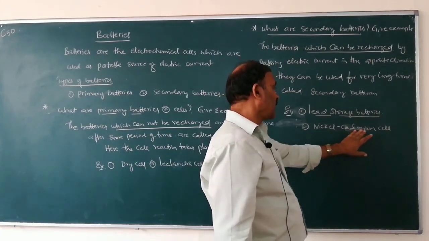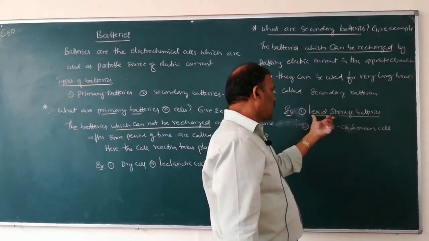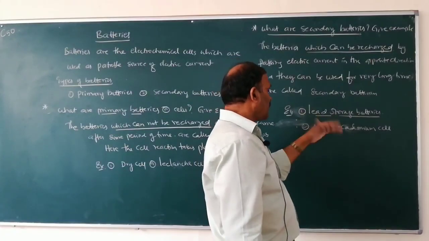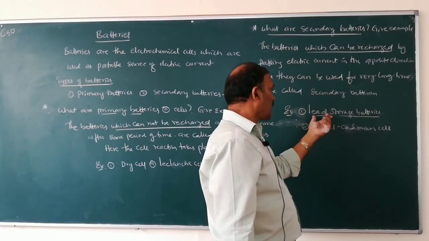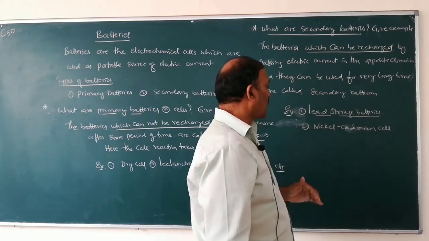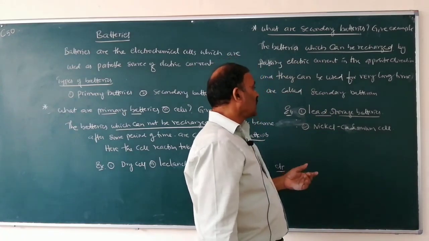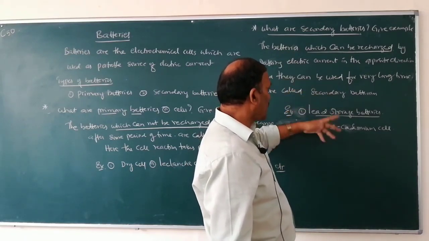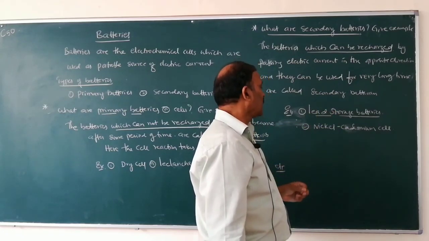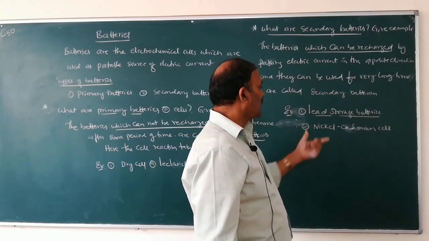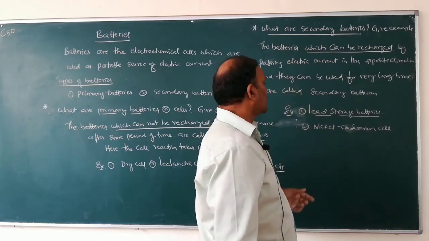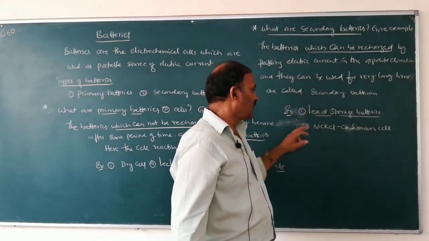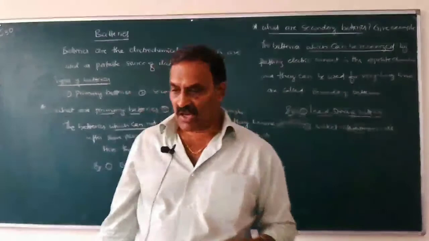These are the batteries we use in UPSs. When current goes, the stored electricity is used, and when the power supply is there, the battery goes on charging. Such batteries, which can be recharged by passing electric current in the opposite direction and used for many days, are called secondary batteries. Examples: lead storage battery and nickel cadmium cell.